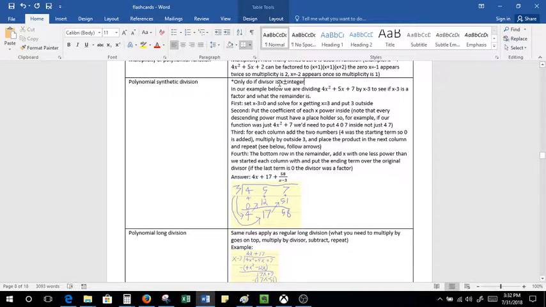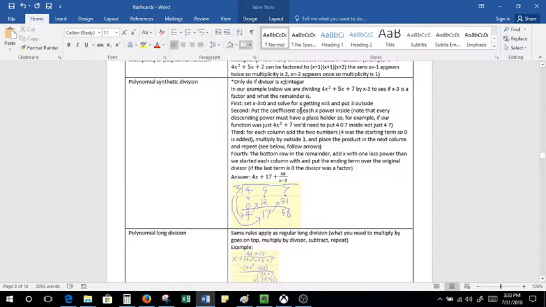So only use it if you have a single x to the 1 power plus or minus some integer. So for our example, we're going to do 4x squared plus 5x plus 7, and we're using this factor to divide it by, so x minus 3. We set x minus 3 equal to 0 and solve for x, so essentially we're finding the 0. And that goes on the outside here.